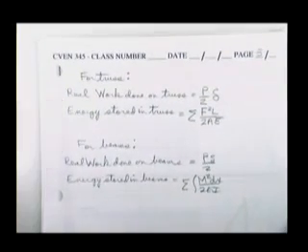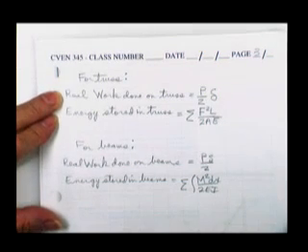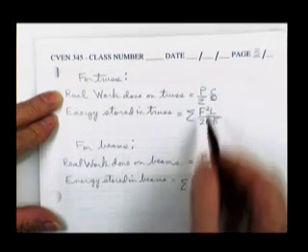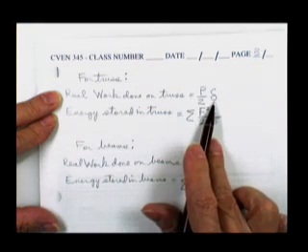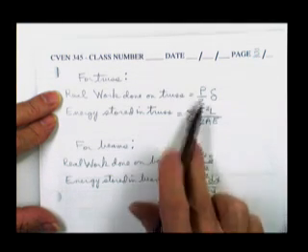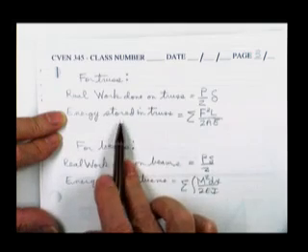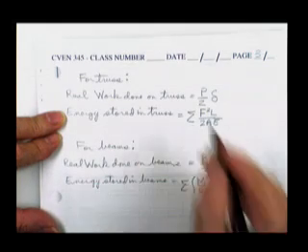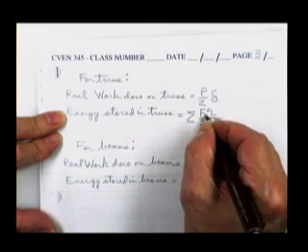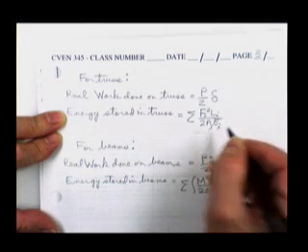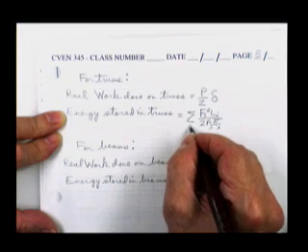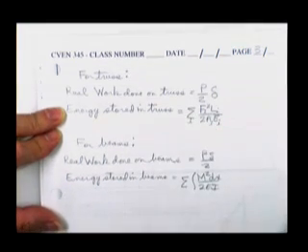All right. Now, for example, for a truss. Again, the real work done on the truss will be the load that you put on it times the deflection over 2, average load, and the total energy will be the sum of F sub i, L sub i over A sub i, E sub i for all of the members.